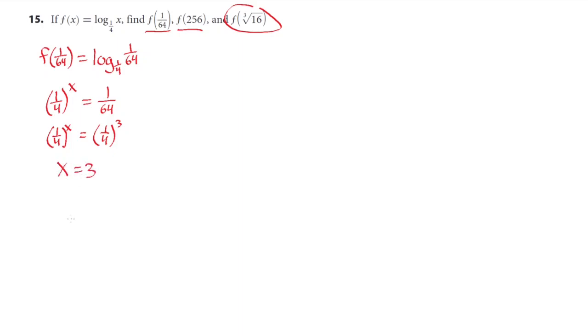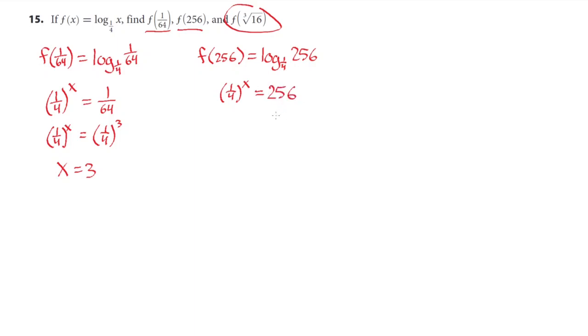So that's my answer. As for the next one, 256, pause and try that one. This one is a good problem. It's taking a fraction and turning it back into a whole number. So this is asking 1/4 to what power is equal to 256.